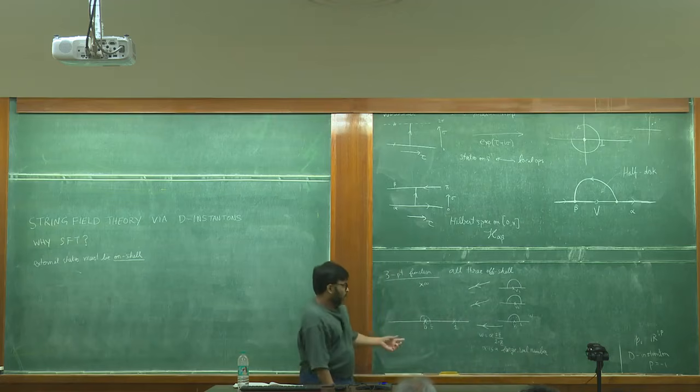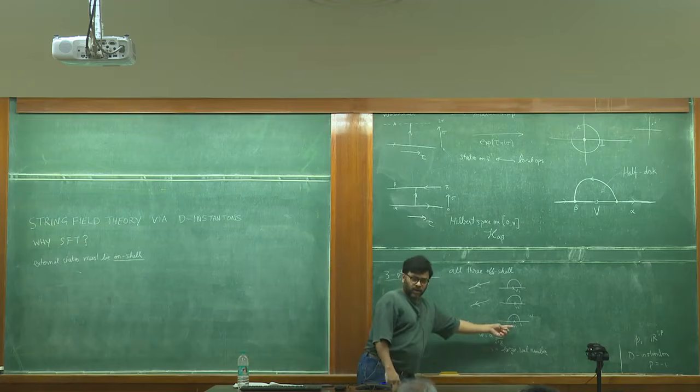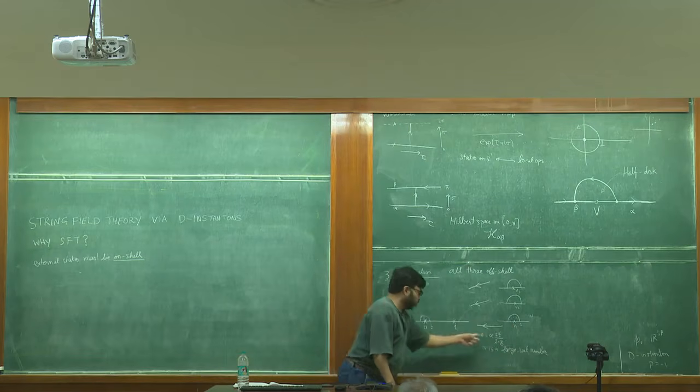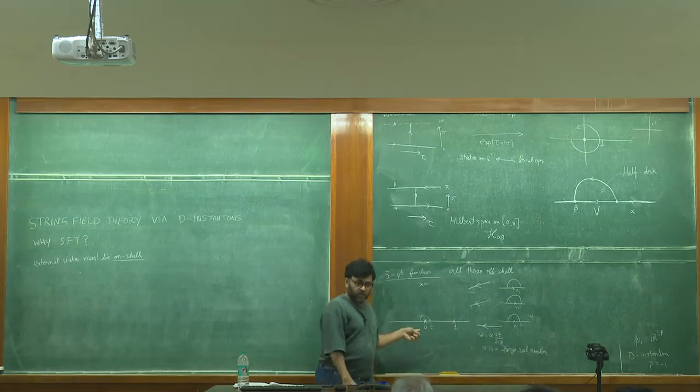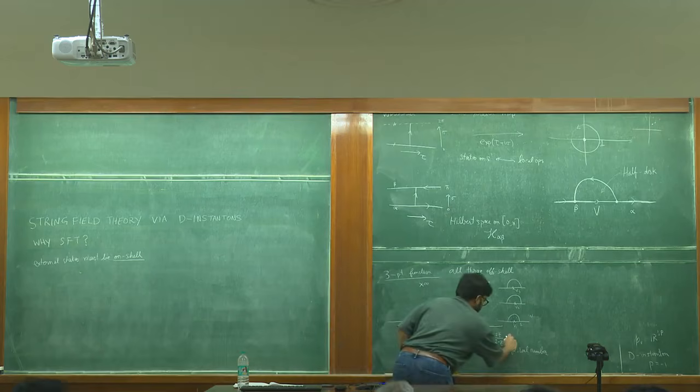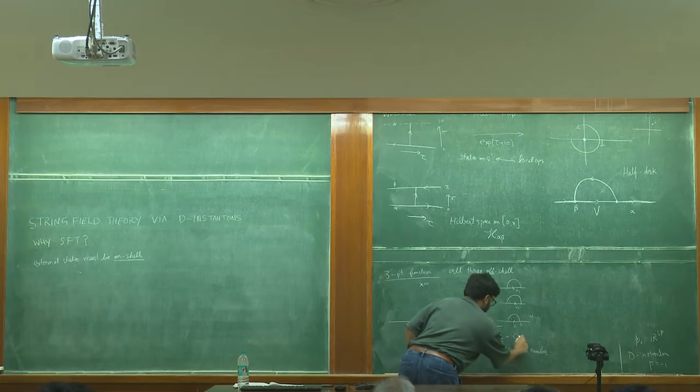And because this operator is not trivial, when you do this conformal transformation, it will transform in a certain way. So when it actually lands here, let's call this function f1, f1 of z.